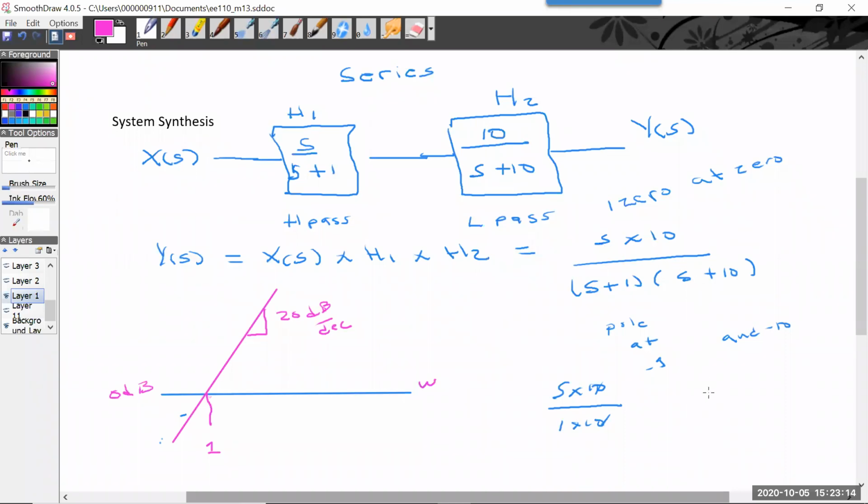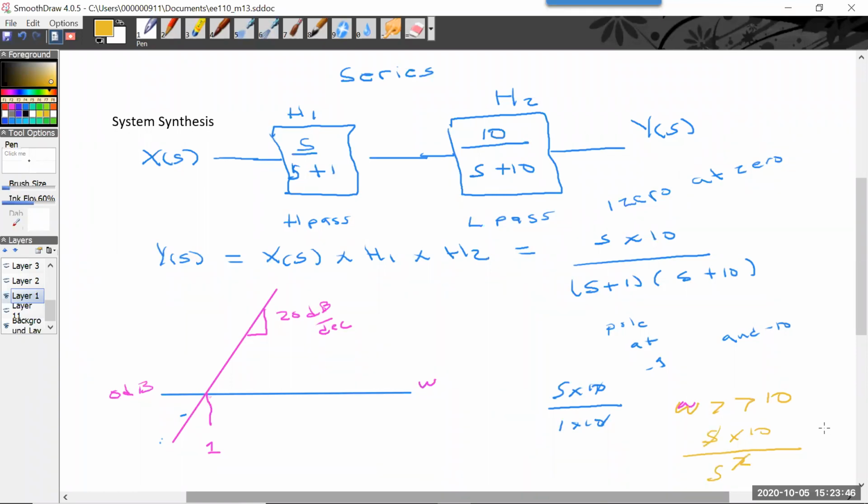Now let me take the other extreme, where omega is a lot greater than 10. And so that transfer function is going to reduce to S times 10 over S squared.